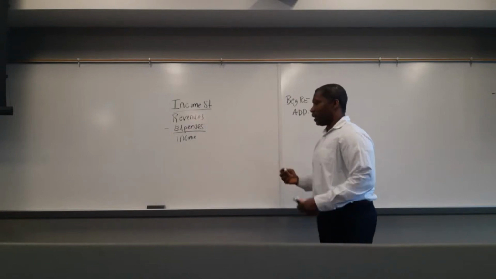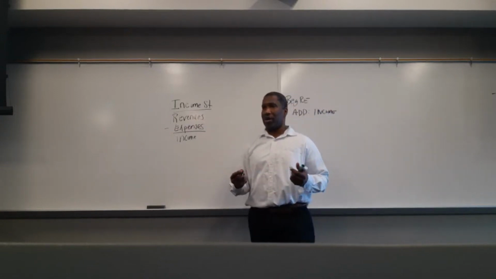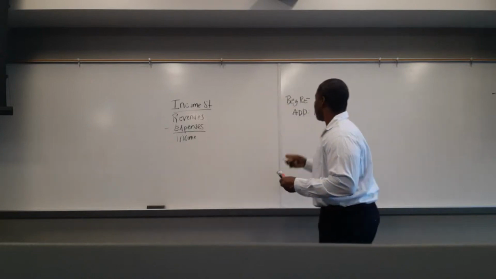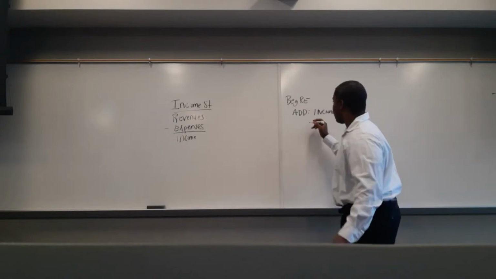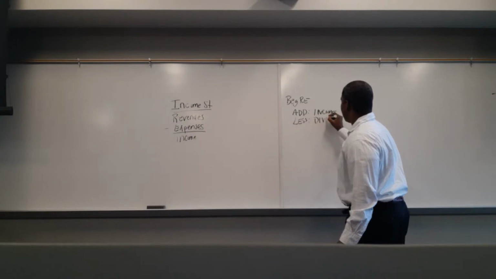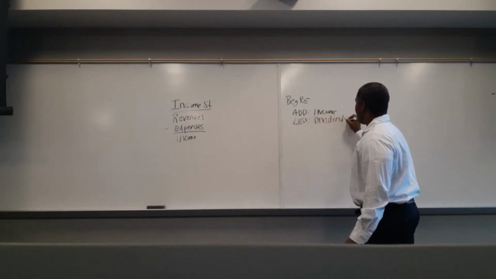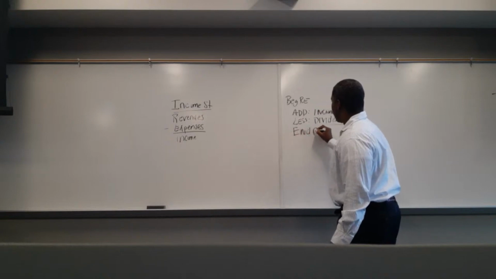And then it's our company, remember, so we're going to reward our investors by paying some what? Dividends. Do we add to that, or take away? Take away, good, so that's a less. That's dividends. And we'll end up with our ending retained earnings.